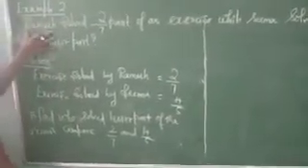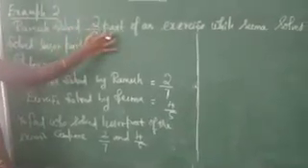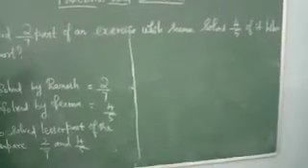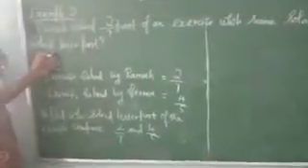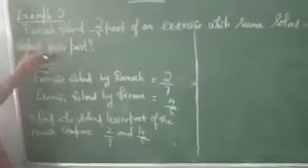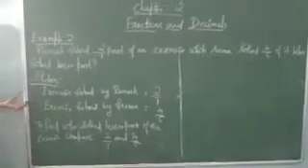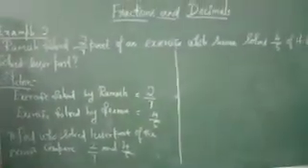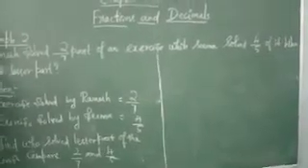See here, Ramesh solved 2 by 7 part of an exercise while Seema solved 4 by 5 of it.